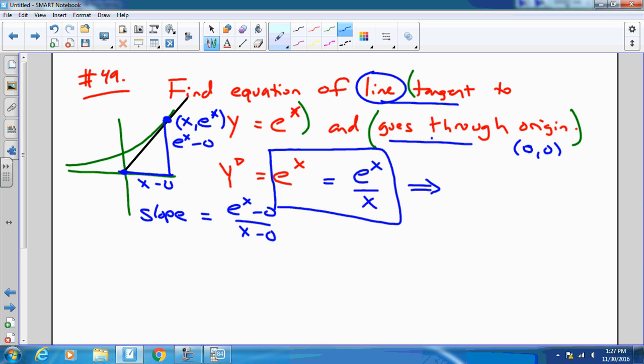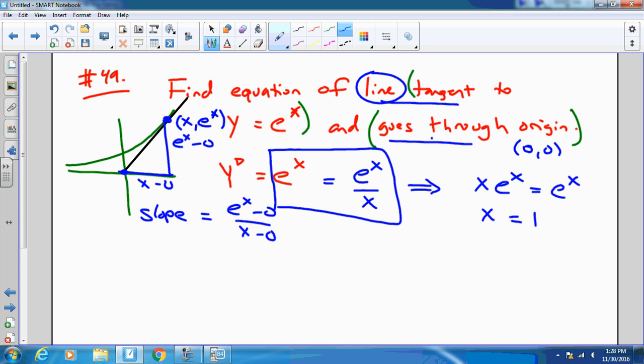So what do you get? e to the x times x equals e to the x. Good. And x equals, how? I mean, divide. Wait a second. Are you dividing by 0? No, because e to the x is never 0, so that's safe. And lo and behold, I get x equals 1.